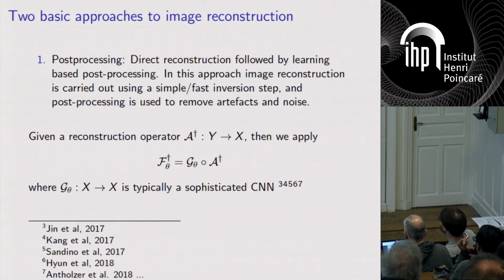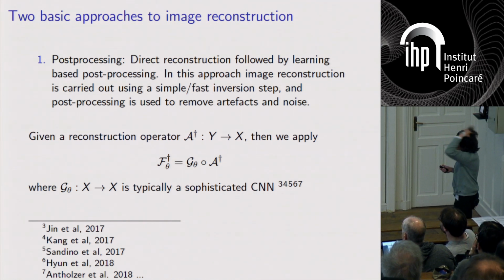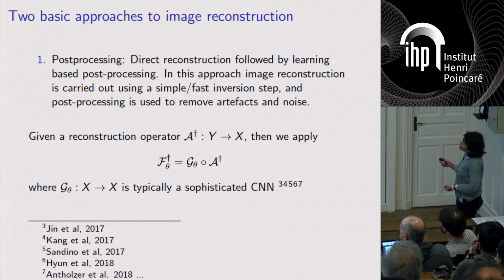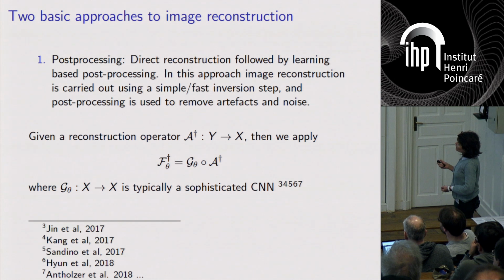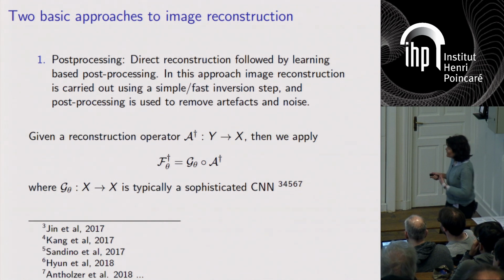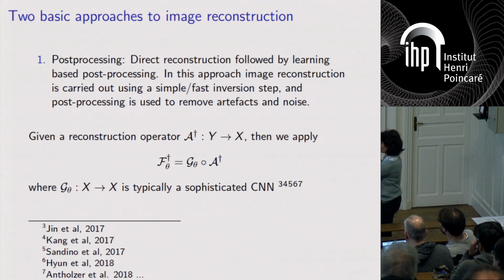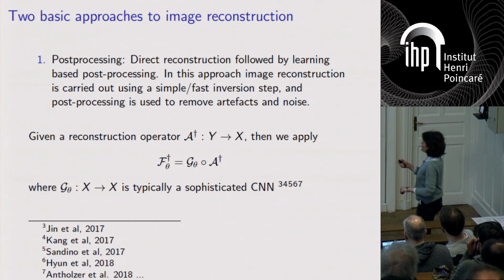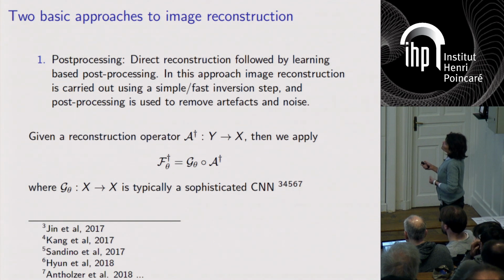And so basically people came up with two ways of doing it. The first one is the less expensive one. You invert your data in some canonically simple way, very approximate. An example of this would be taking a back projection without the filter, though I don't know why one would do that, but the other option would be to apply, for example, filtered back projection to the limited data straight away.